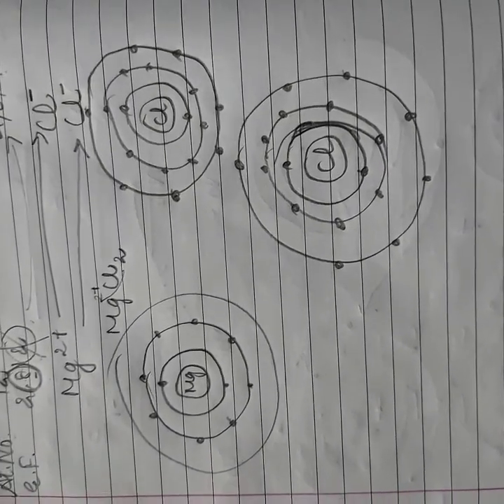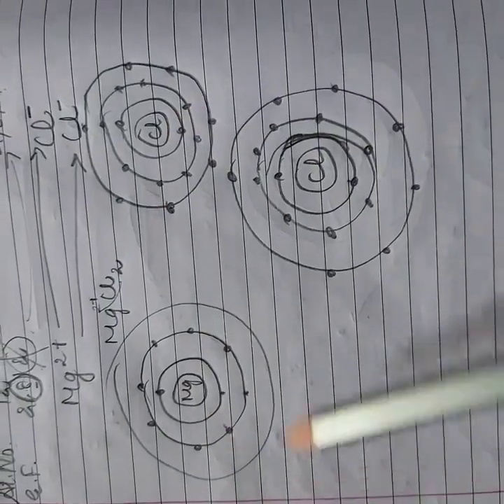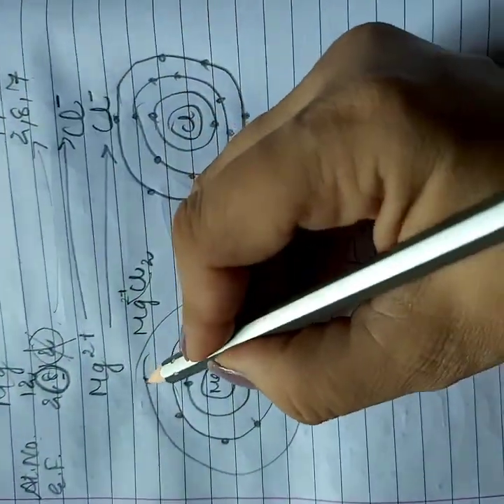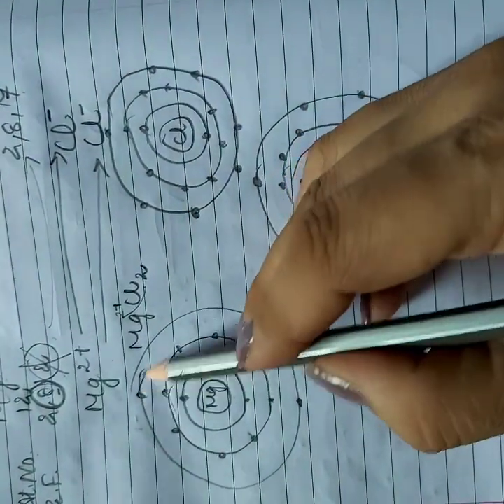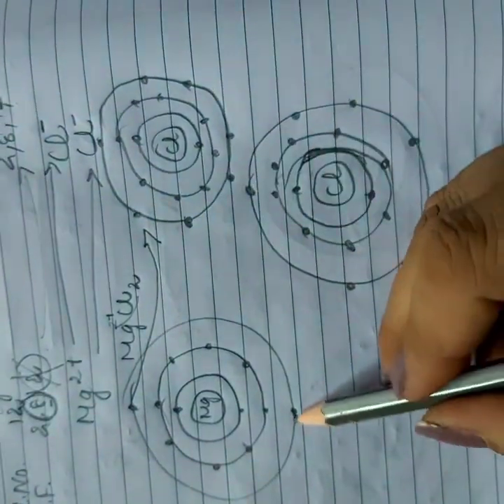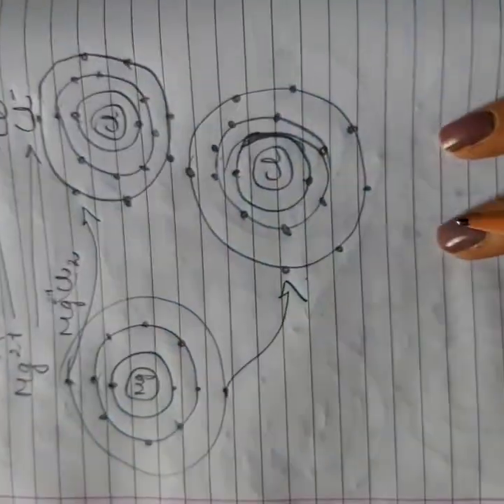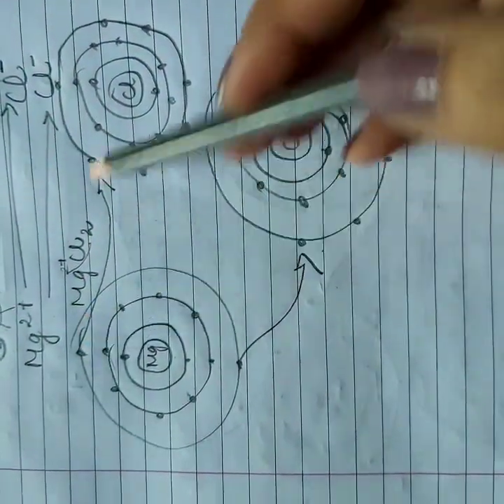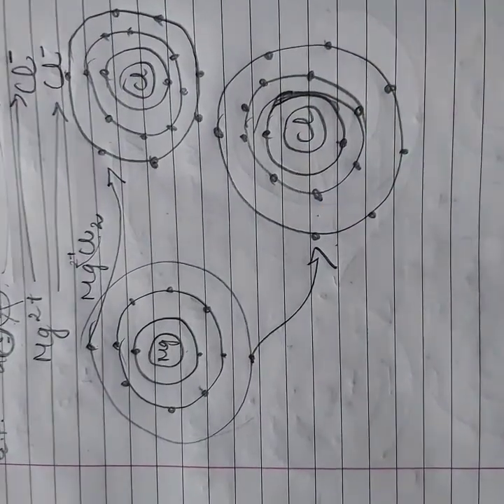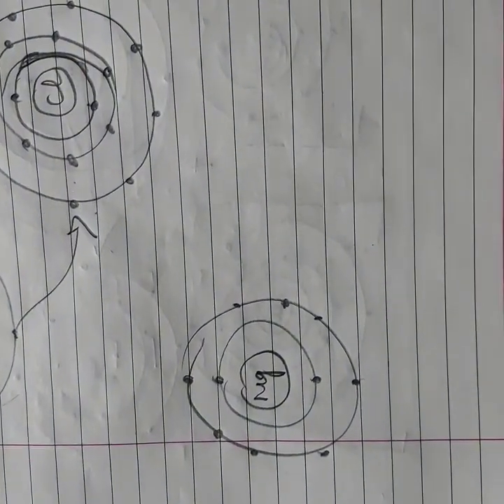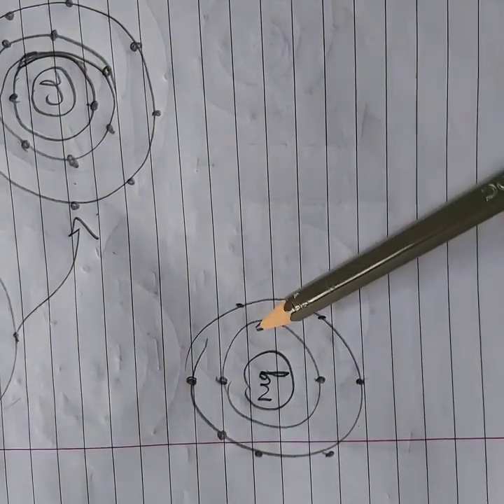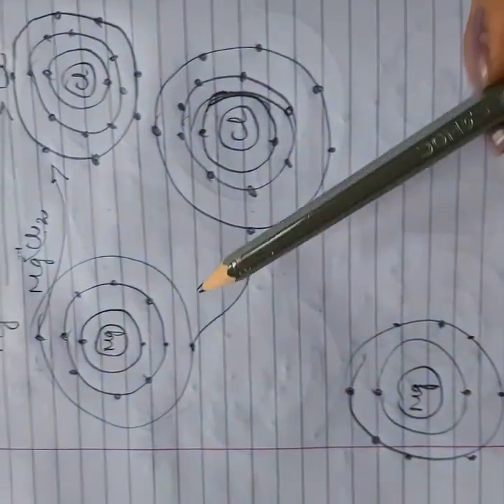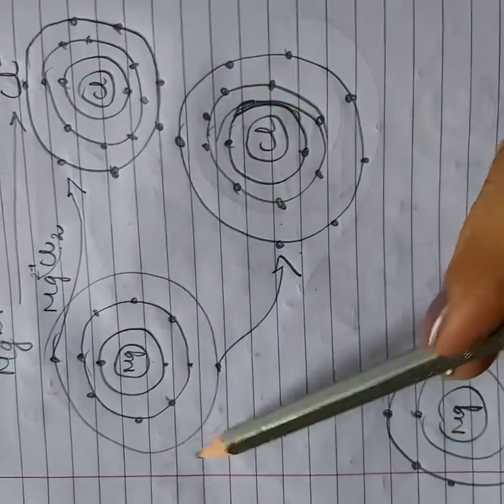In the orbital structure we have drawn here the orbits of magnesium and both chlorines. Then 1 electron of magnesium will be given to each atom of chlorine. Now magnesium's last shell will be removed because both the electrons have gone from here. Now we will draw magnesium with 2 orbits or 2 energy shells only because this last shell has been removed.